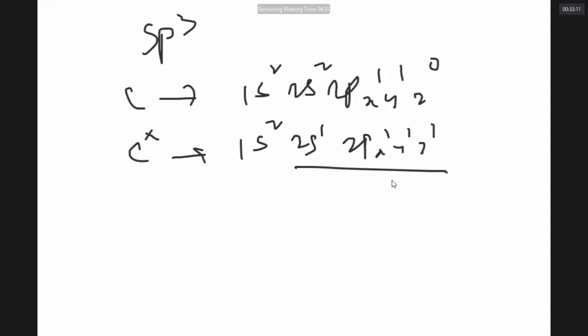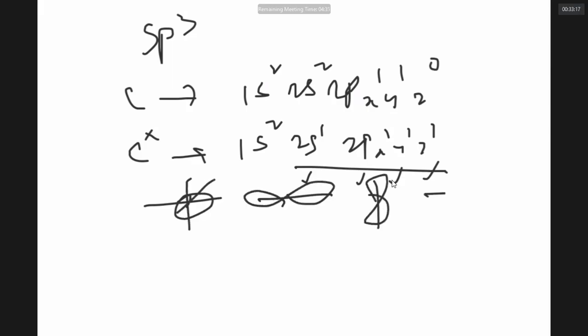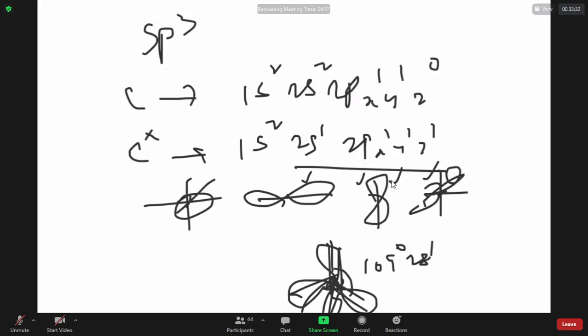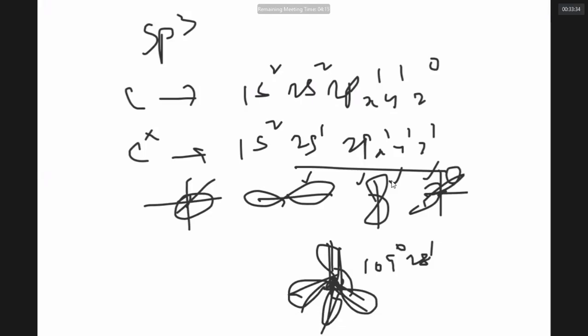It uses all the 4 orbitals 2s, 2px, 2py, 2pz. You got 4 hybrid orbitals. How are these 4 hybrid orbitals separated? Tetrahedral, 109 degrees 28 minutes. How many electrons does carbon have? 4. 1, 2, 3, 4.